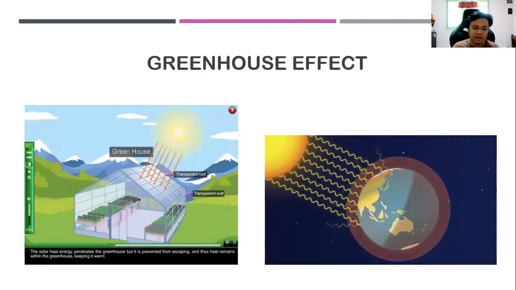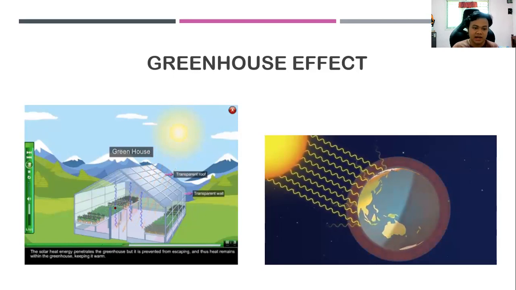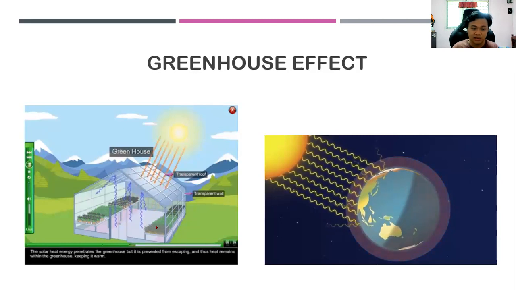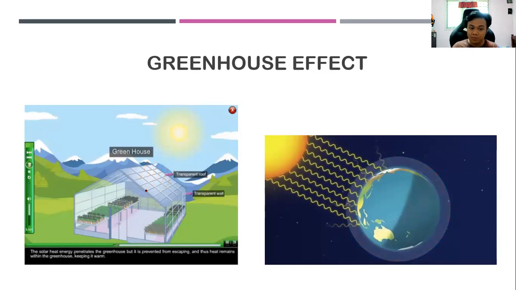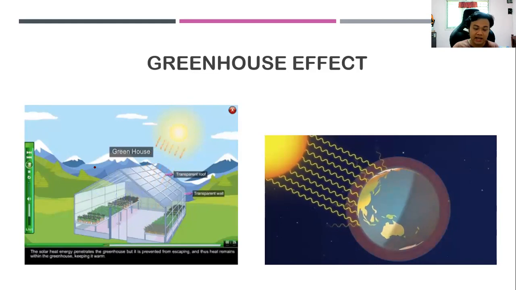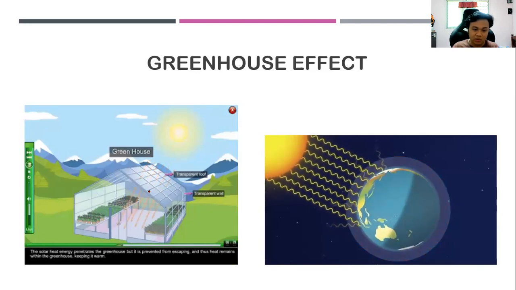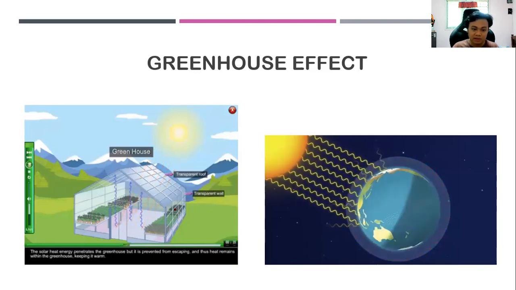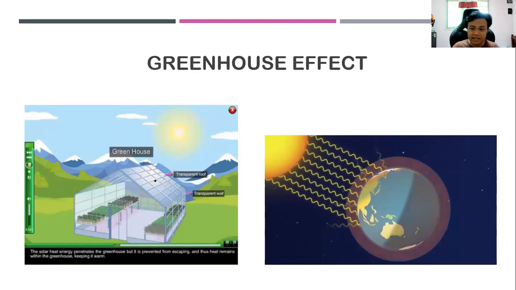It will release water vapor through transpiration, and also produces carbon dioxide but in little amounts. But the radiant energy that enters your greenhouse cannot radiate back to the atmosphere because it is blocked by the transparent roof or transparent wall. That is what happens in a greenhouse. It is prevented from escaping.